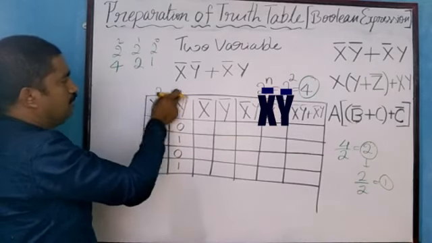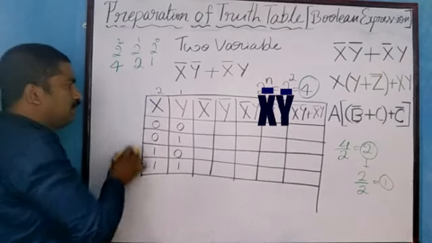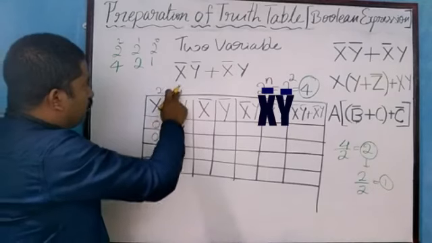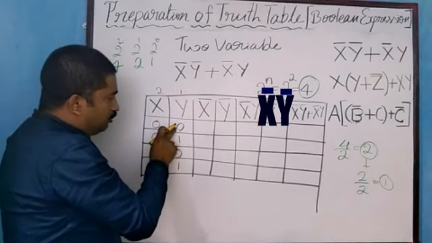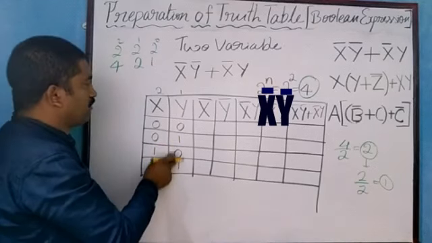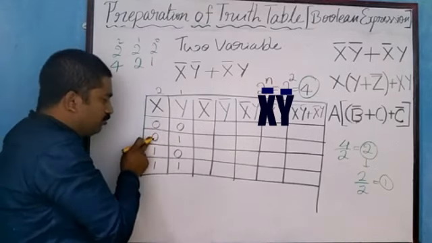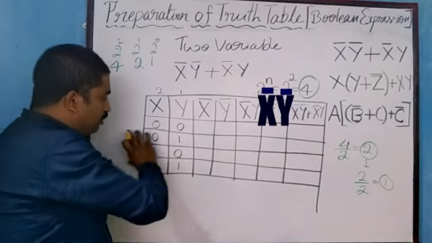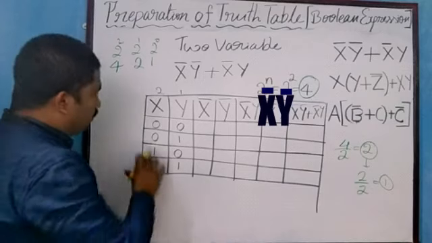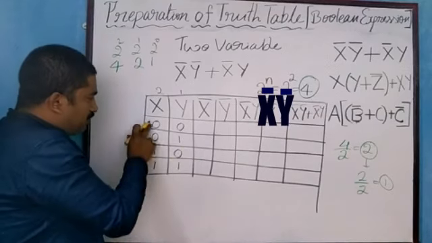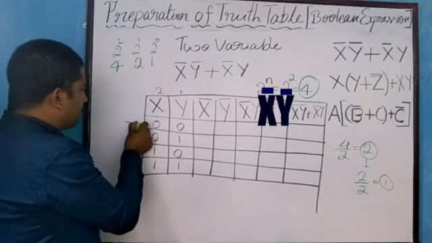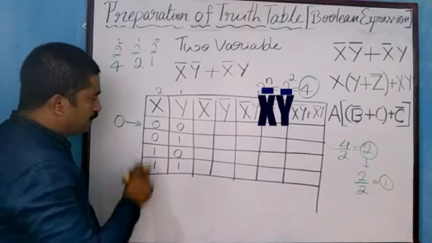For the first column write 1, next column for 2. If there is another column you can write the 4, not 3. So if you write 1, write 1 0 1 0 alternatively. Next 2 means 2 zeros, 2 ones, because we have only 4 different combinations. No number is repeated, because 0 0 is 0 in binary number. What is 0 1?